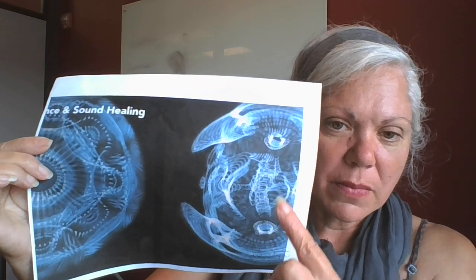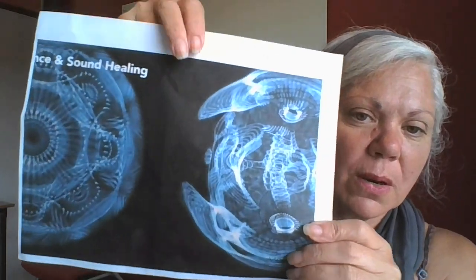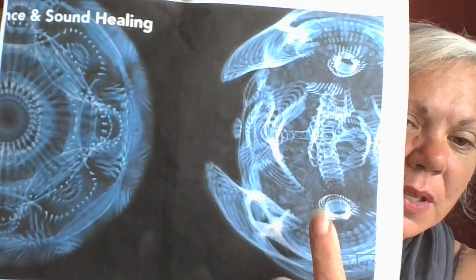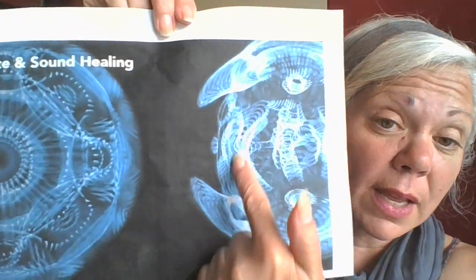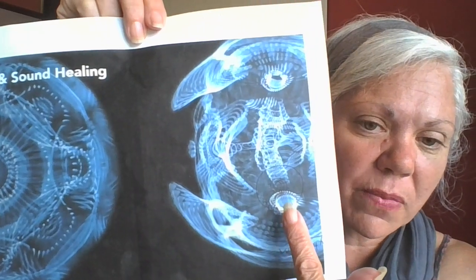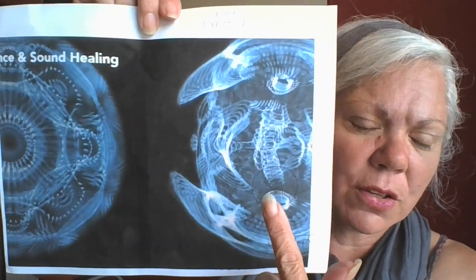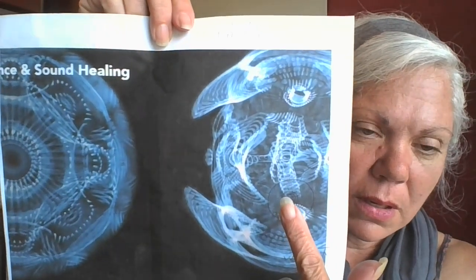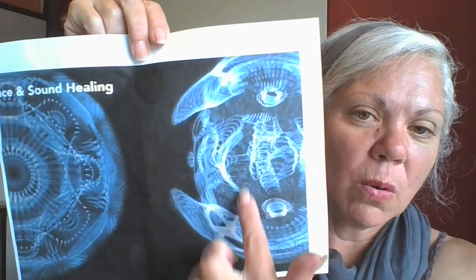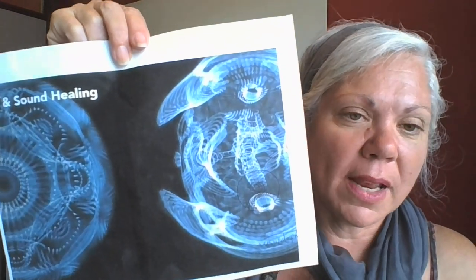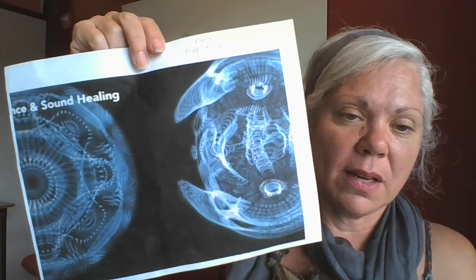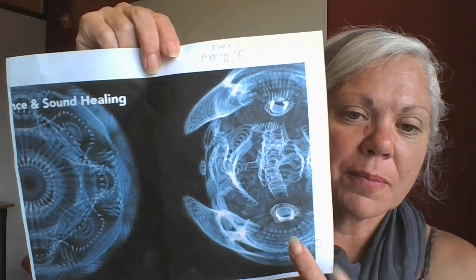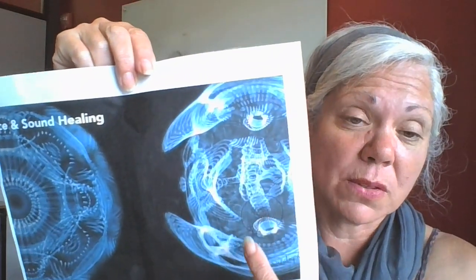If you look at this picture, at first I didn't know what I was looking at, because I do understand, and we can go into it in another video, how the divine creates through the cells and at a subatomic level. I thought that's what I was looking at.